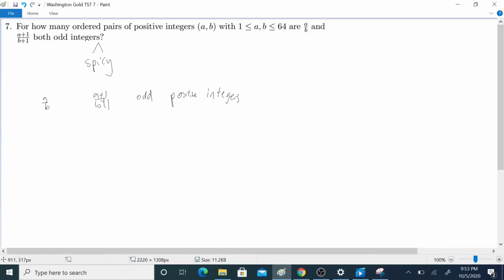Okay, but how can we combine these two conditions to form one? If we subtract 1 from both of these fractions, we get a/b minus 1 and (a+1)/(b+1) minus 1, and these are now even non-negative integers.